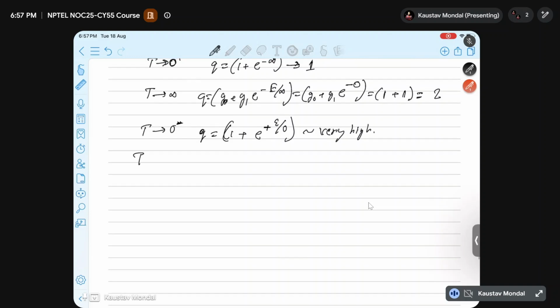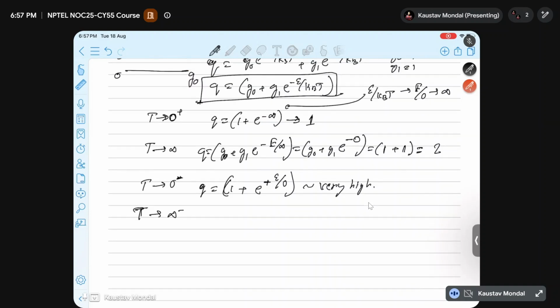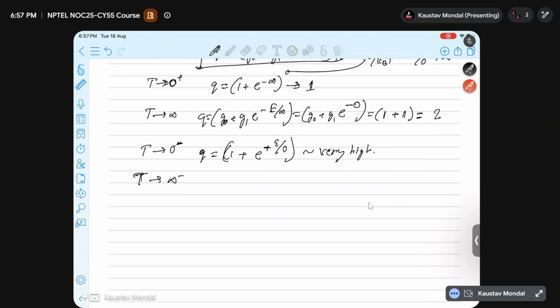In a similar way, if you approach infinite temperature from the negative direction, just like in the previous case where we approached the temperature from the negative direction towards zero, now we are going towards infinity from the negative infinite direction.